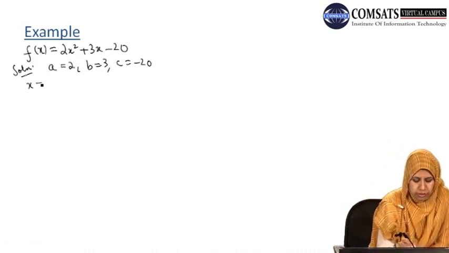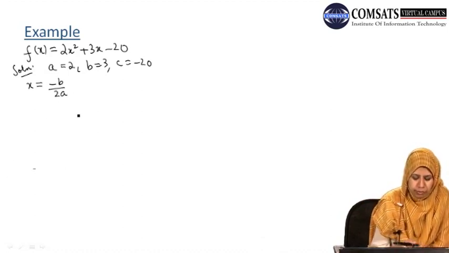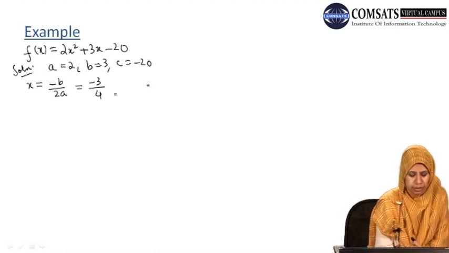The formula for the x-coordinate is minus b over 2a. By putting the values of b and a, we obtain minus 3 over 4.